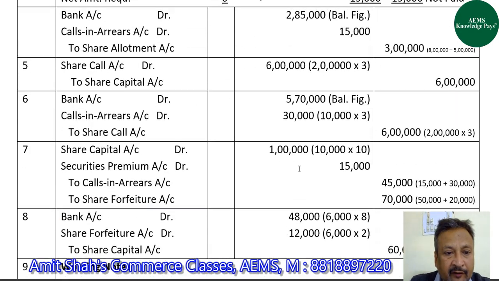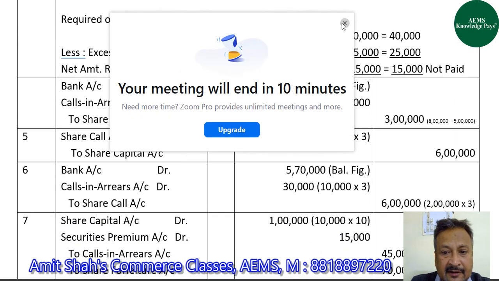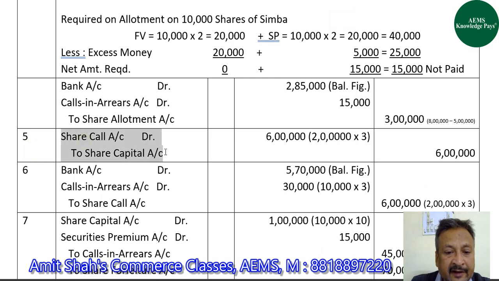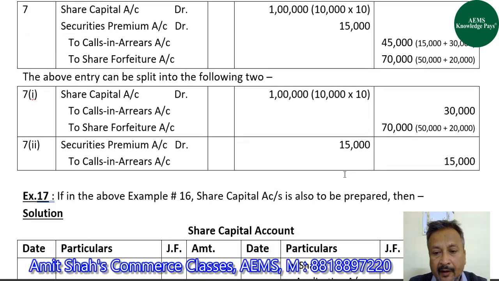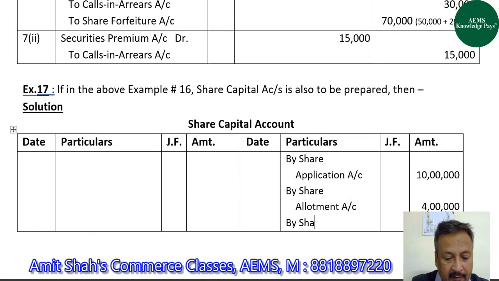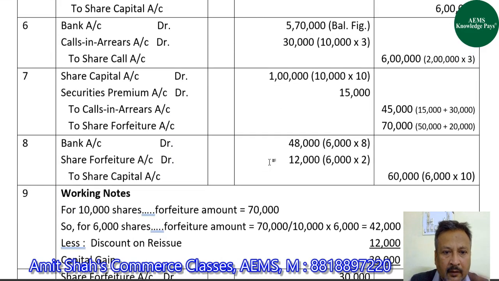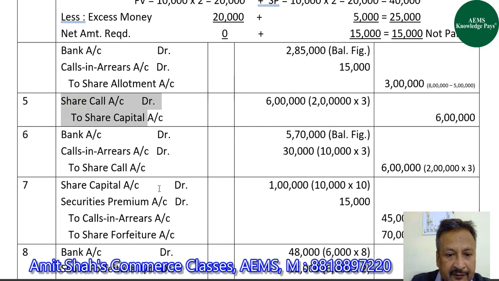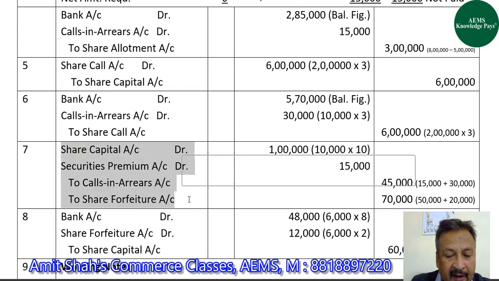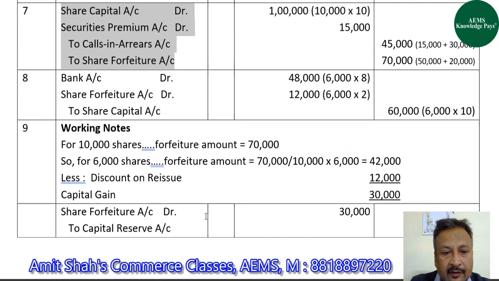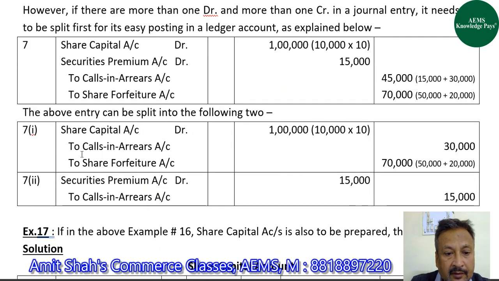Okay, after this third entry, what we have next, guys, where we have share capital is fifth entry. So on the credit side of share capital, we'll write by share call account with rupees 6 lakhs. After this, we have share capital involved here, and this we have split into two, 1 and 2, in which in 1 only we have share capital.